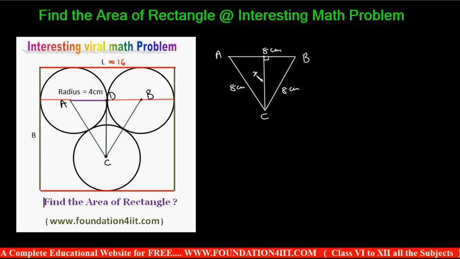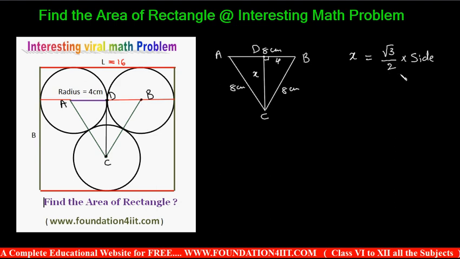Let the height of the equilateral triangle be x. We know that the height of an equilateral triangle is root 3 by 2 into side. Or else you can use the Pythagoras theorem. BCD is a right angle triangle, sorry, ABC is equilateral and BCD is a right angle triangle. 8 is the hypotenuse and BD is 4 centimeters, and DC we can find out.